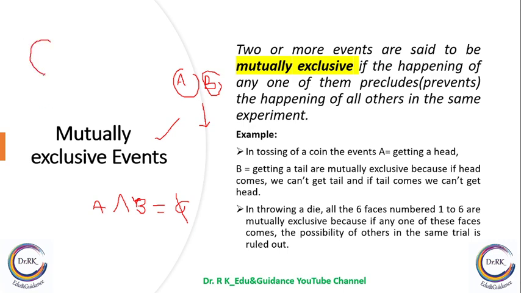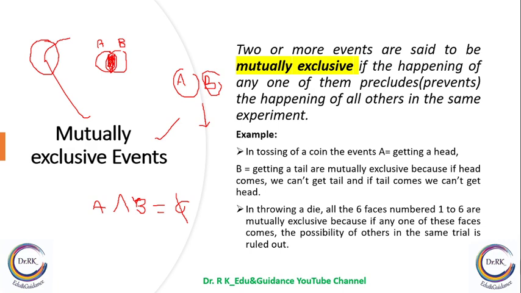If we take the Venn diagrams, this is A, this is B. This complete part is called A union B, and this part is called A intersection B.